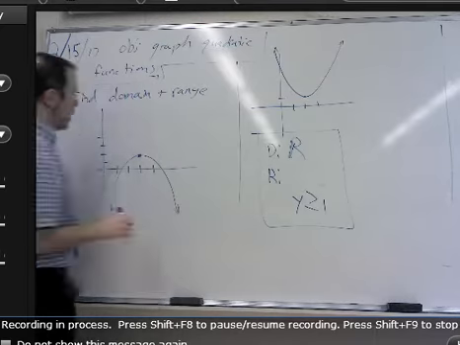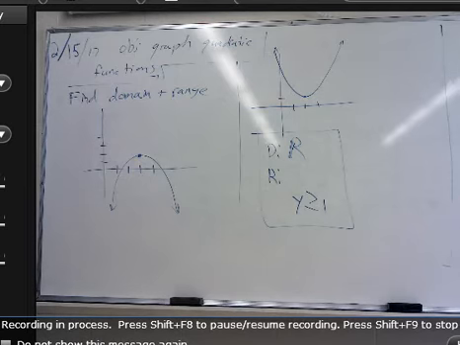Okay, boys and girls. (3, 2) is the vertex, and we're opening downward, so please take a moment to find the domain and range for this parabola. Come on, we've got to get cracking here.